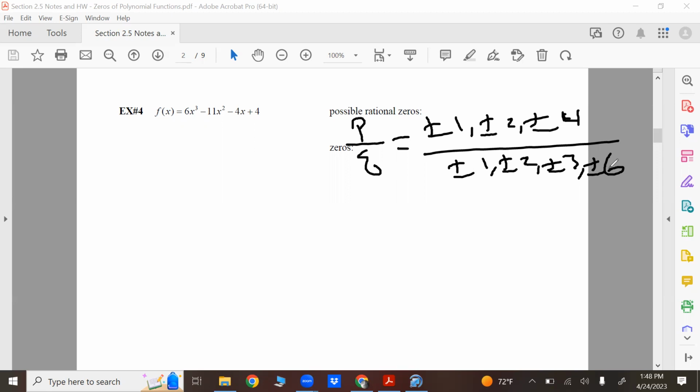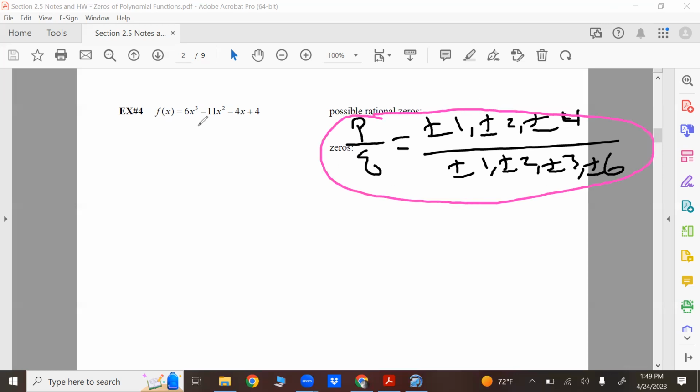Like you can have all these divided by 1, all these divided by 2, all these divided by 3, all these divided by 6. Sometimes they repeat themselves, like plus minus 2 over plus minus 2 is 1, because it's redundant. That's what's meant by that. But honestly, you're fine just saying this.